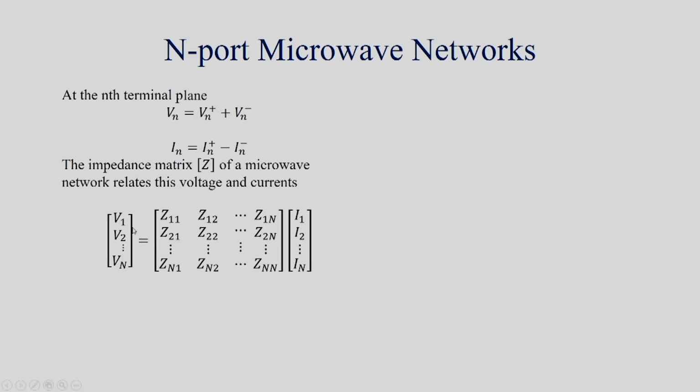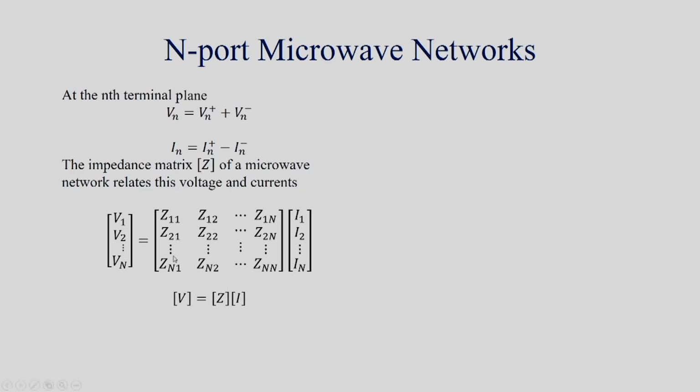So, for an n port network we can define V1, V2, up to Vn, these are the voltages at ports 1, 2 and n, and I1, I2, up to In, these are the currents at ports 1, 2 and up to n, and these two vectors are related by a matrix which is called the impedance matrix Z. Z11, Z12, Z1n, Z21, like that Zij are the entries of this matrix.